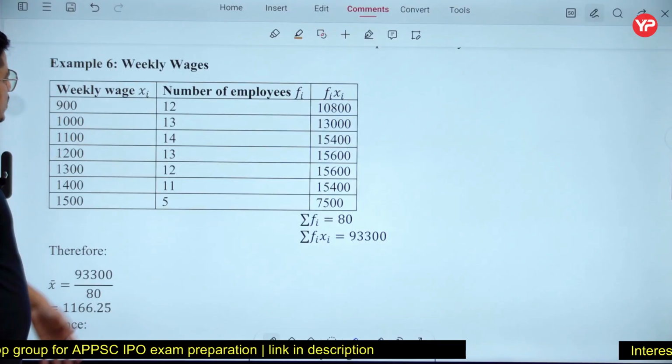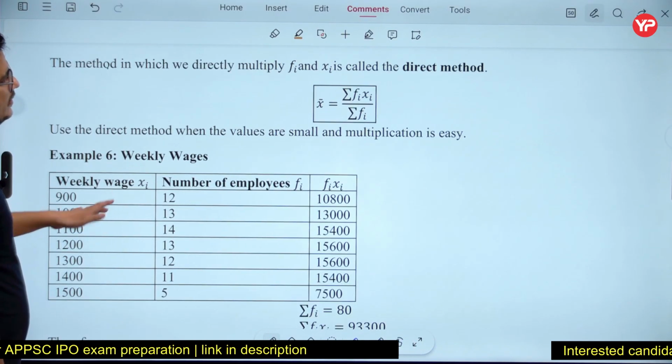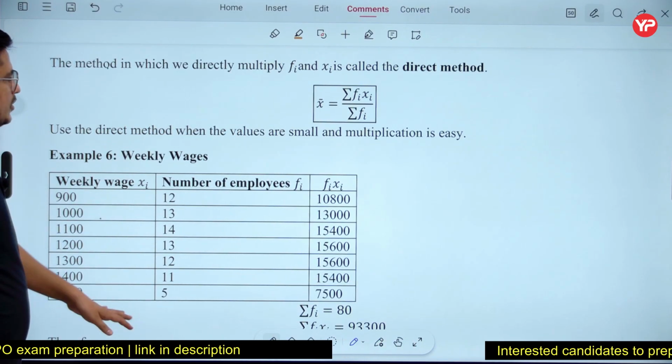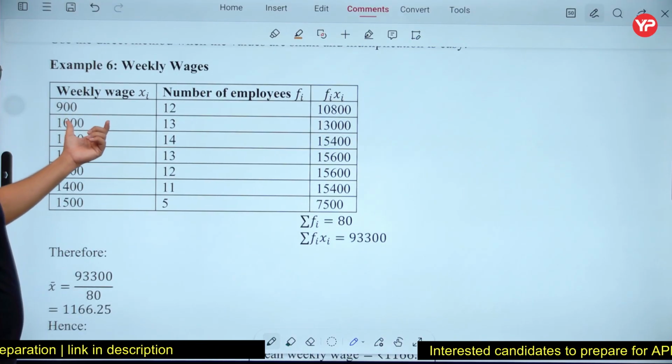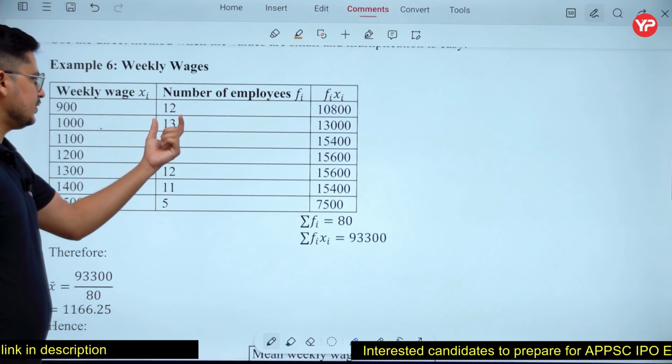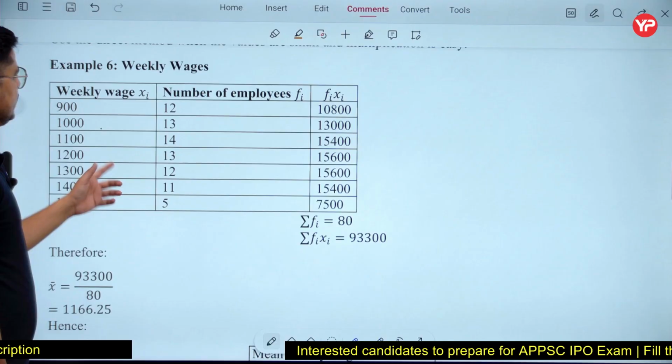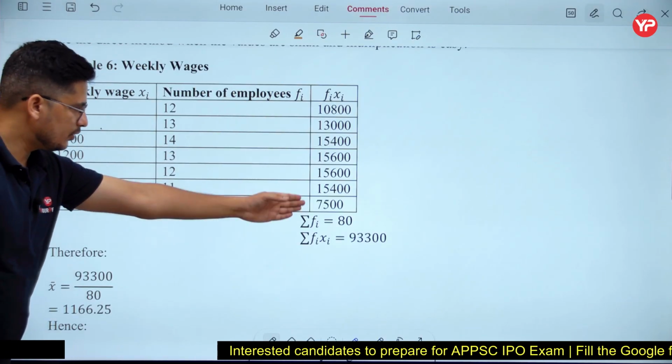Now another thing that is easy for you is summation of fi xi upon summation of fi. This time weekly wages are given to you, and the number of employees obtaining them, so just multiply them and you will get that table.